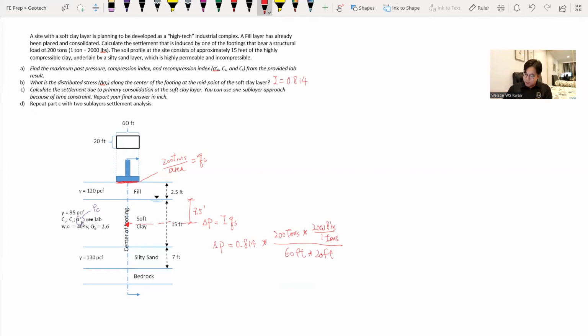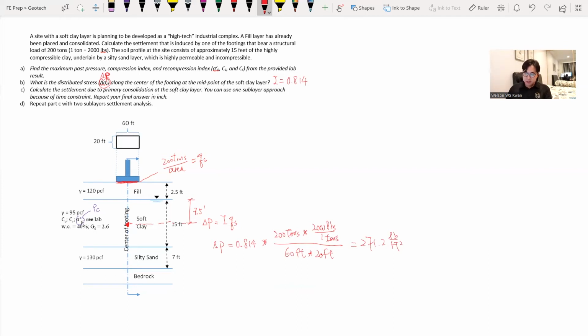And we do our math here, and we will get the distributed loading of 271.2 psf. So in the FE manual it is delta P, and in some textbooks you will find this many times represented by delta sigma, but they are the same thing. It is just notation from different sources.